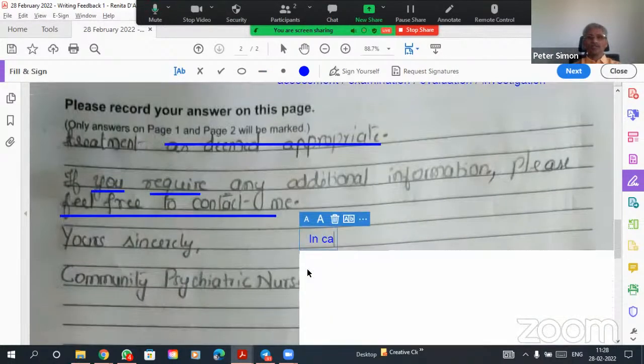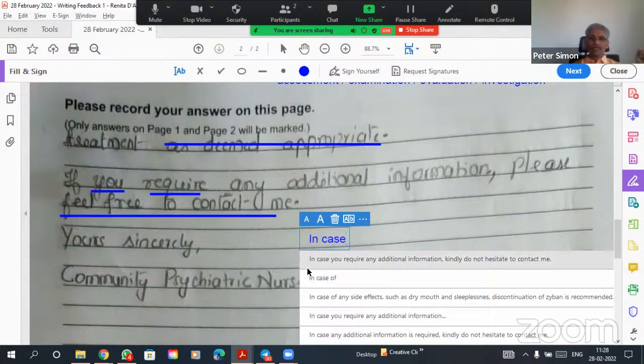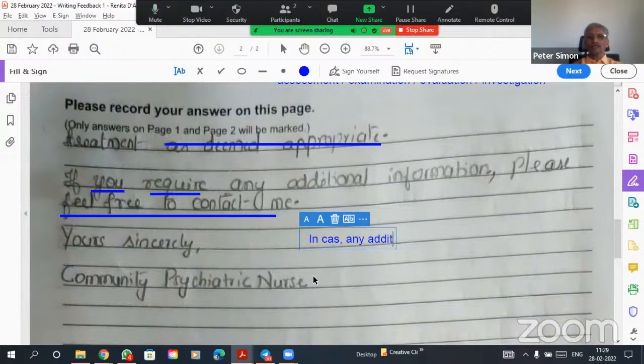In case, comma, any additional information is required, passive voice.